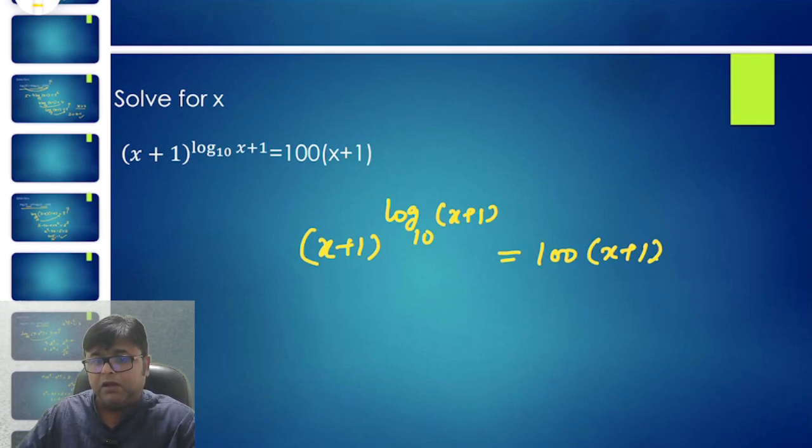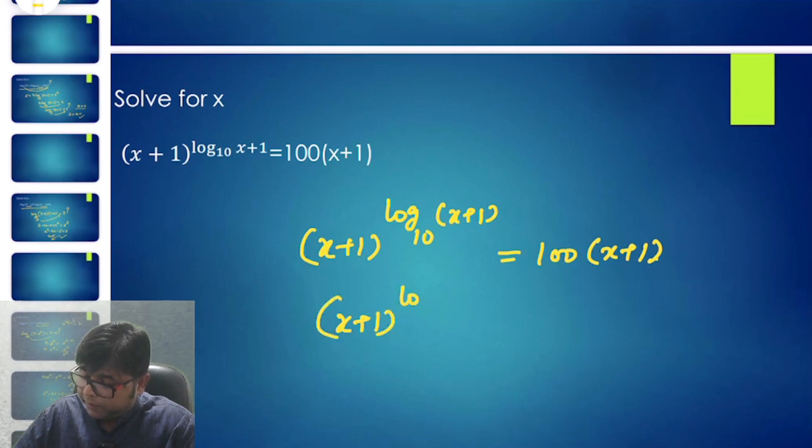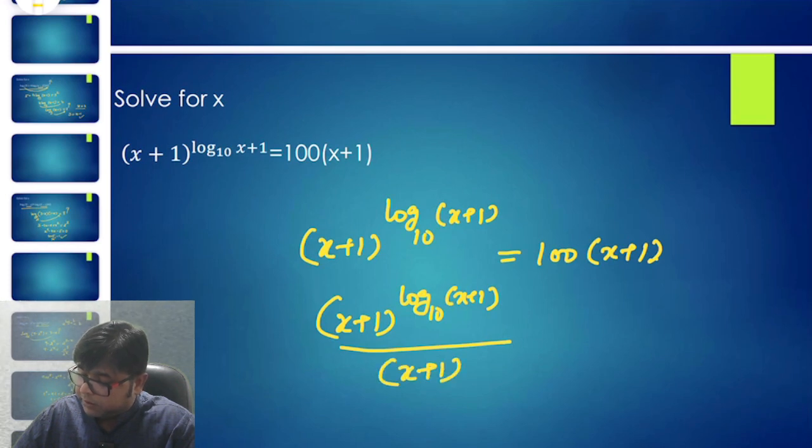Now, here, how would I want to go about it is the question. Now, if you look at this and I send it here, x plus 1 to the power log base 10 x plus 1 upon x plus 1 is equal to 100, right? This is what I have got.